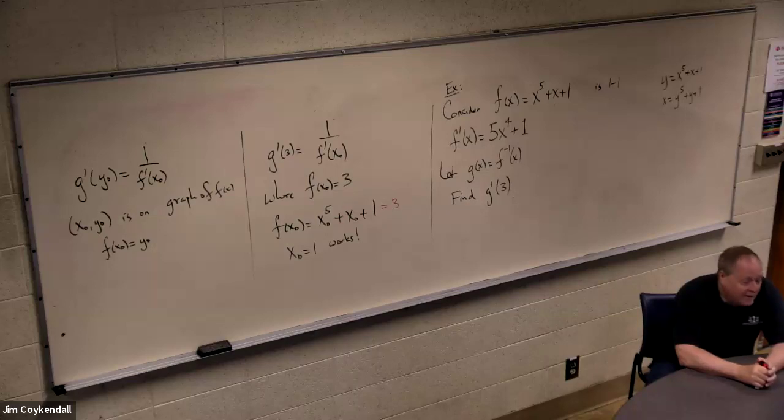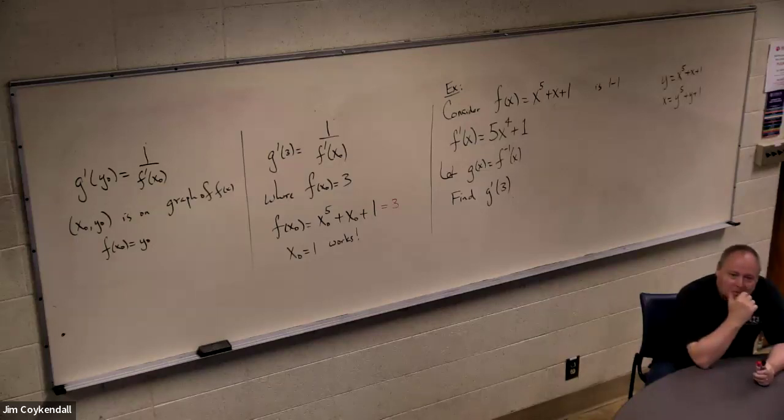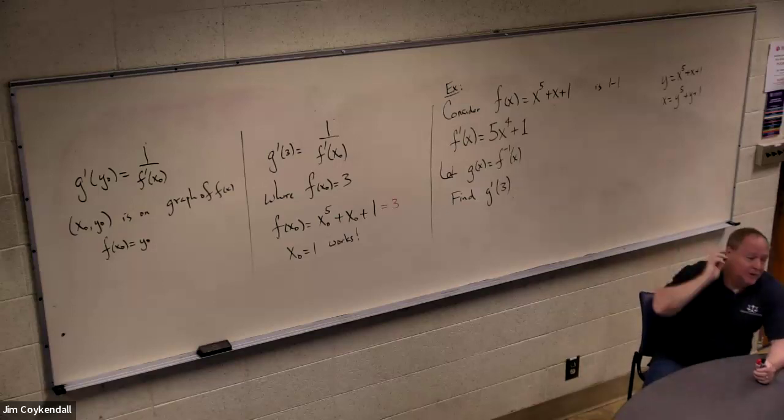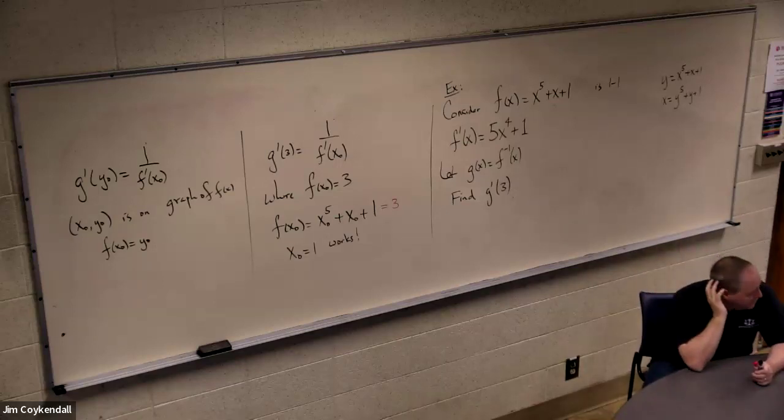But as it turns out, Eli's solution is the right one. Somebody tell me why. By plugging in one, Eli found the place on the original function f where the y coordinate is 3. Agreed?